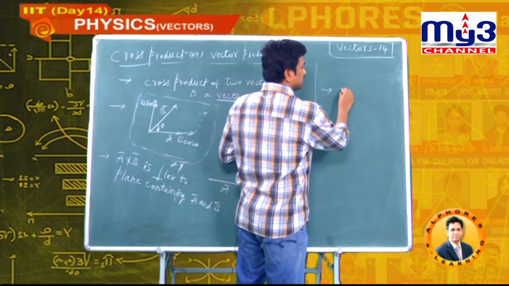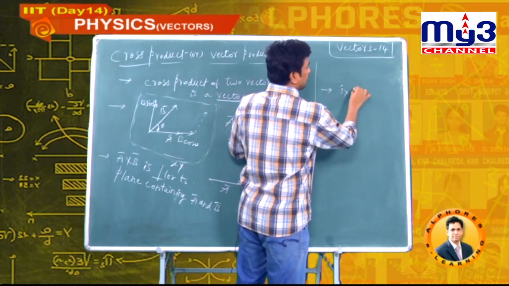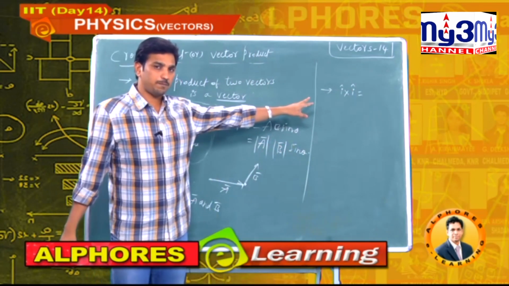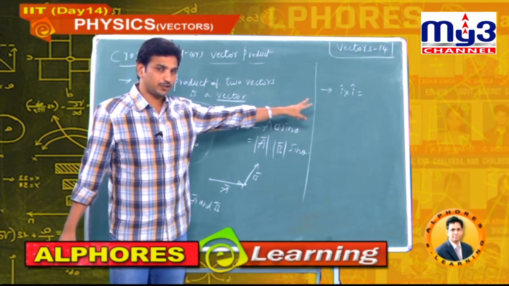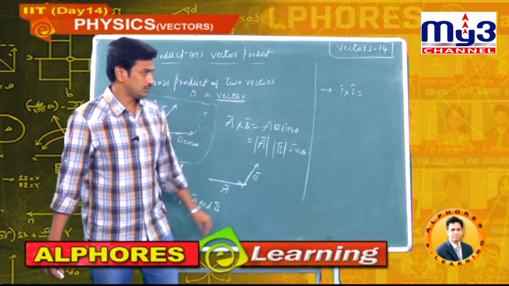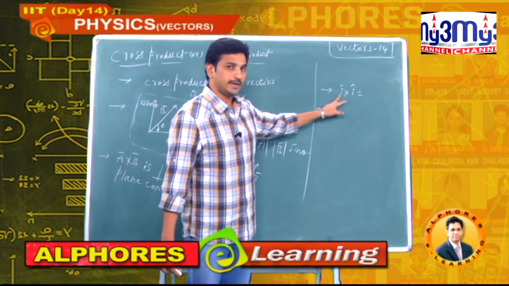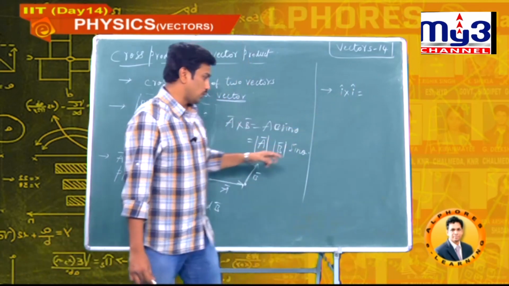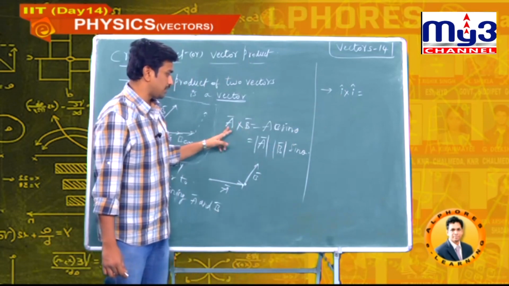See here, I cap cross I cap. I cap is the direction of the X axis. This is an orthogonal unit vector. What is the definition of A bar cross B bar?